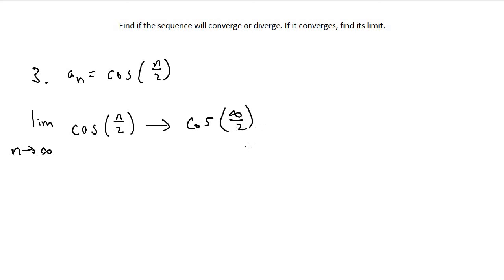And that 2 once again is insignificant, so we'll just get cosine of infinity. And remember, since cosine of infinity oscillates, or the graph of cosine oscillates, we can't tell the limit of cosine of infinity, which means it does not exist, which means that the sequence diverges.